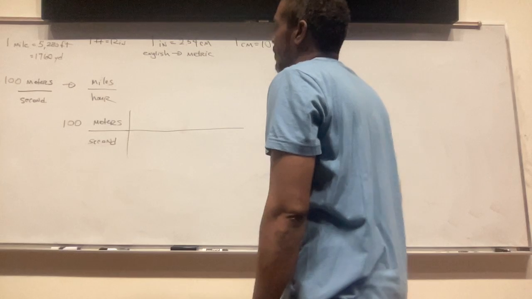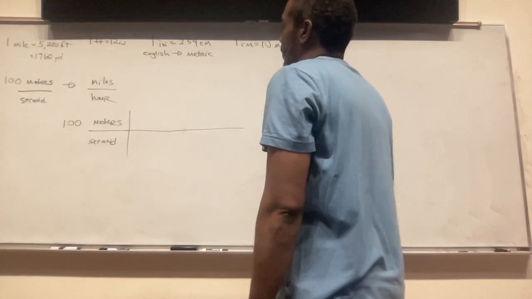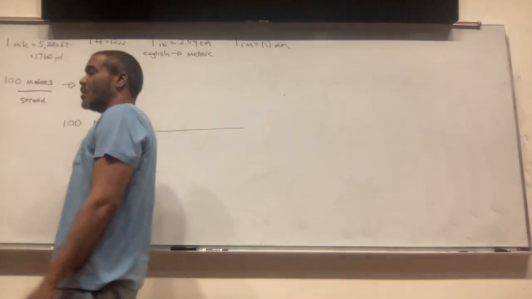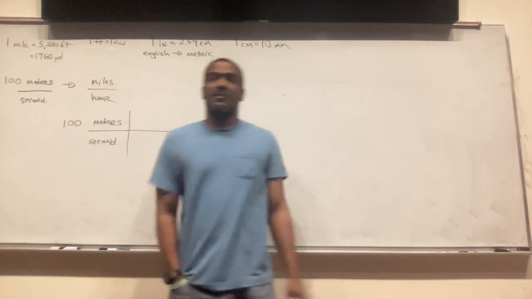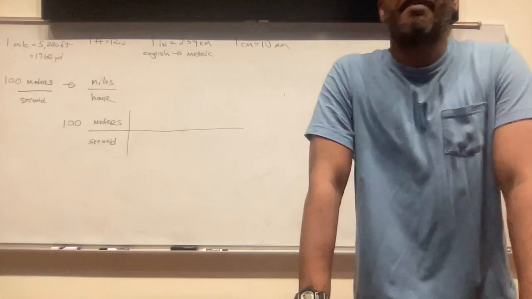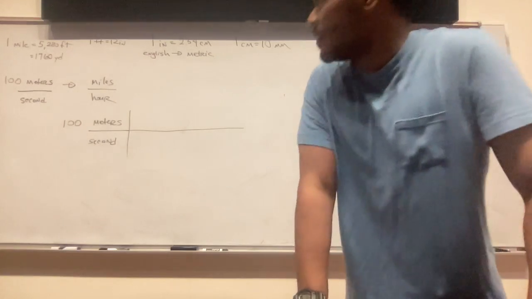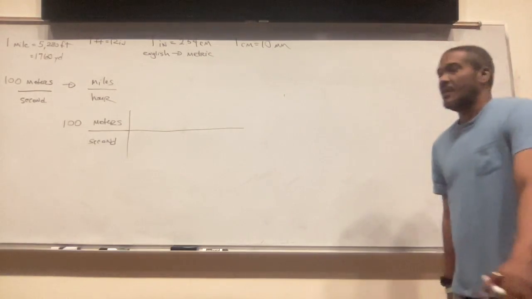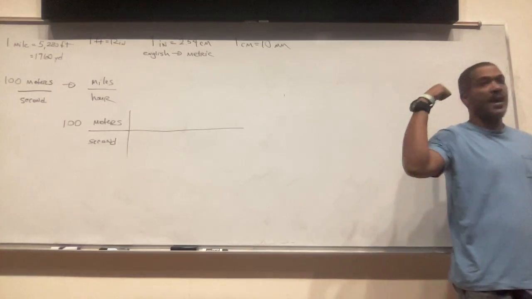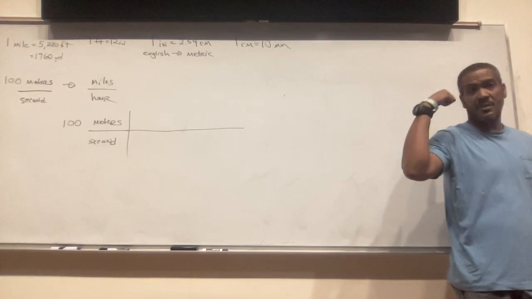Let's see. So for here, when I see 100 meters, I know that meters are in what system? The metric system, right? And I'm trying to convert to a unit of what? Miles. That's in the what system?